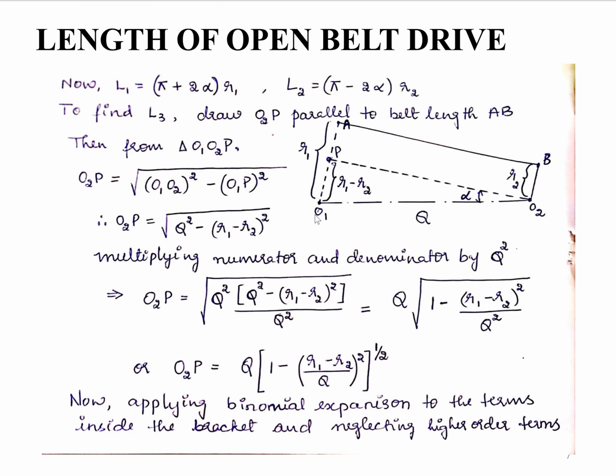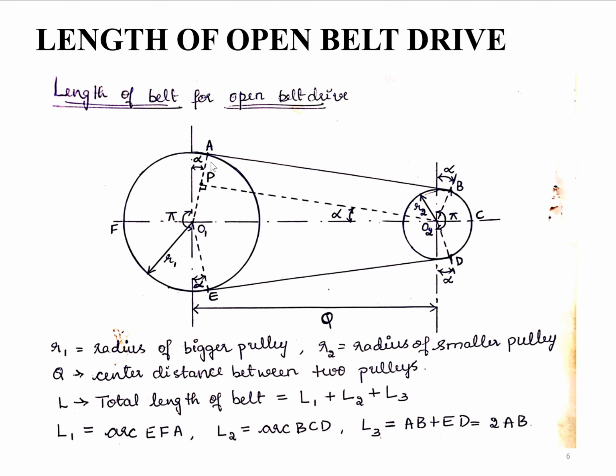Okay, now just one more thing I want to tell you. If you draw a parallel line from A to B, parallel from A to B through the center O2, we will get a right angle triangle.